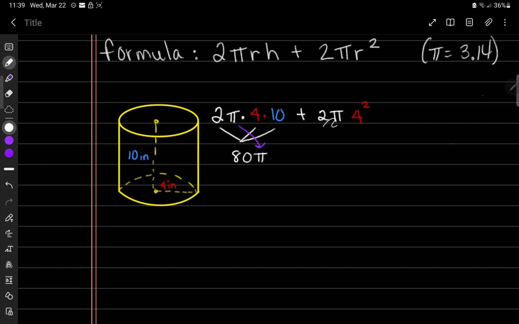And then we're gonna do 2 times 4 times 4, because remember 4 squared represents 4 times 4. So 2 times 4 is 8. 8 times 4 is 32 pi. And then we add those two numbers. 80 plus 32.